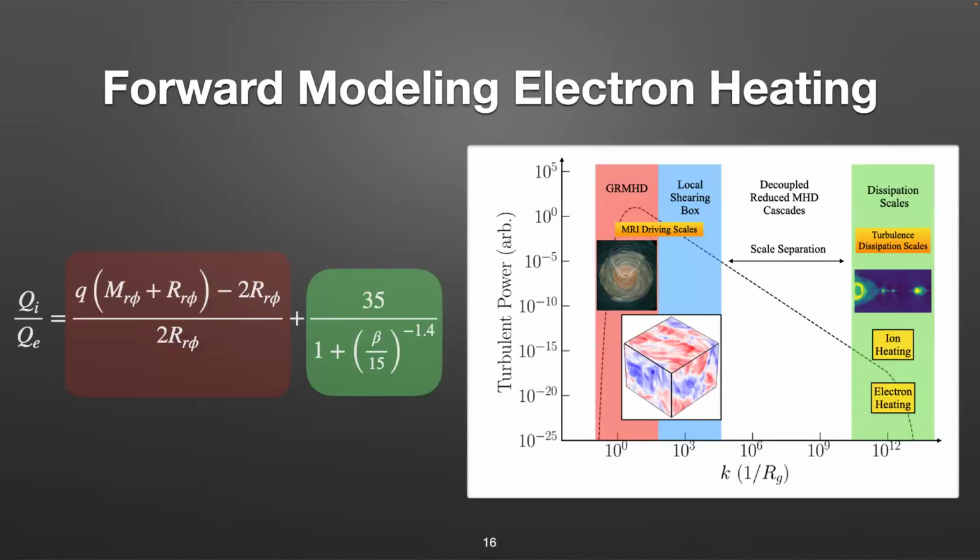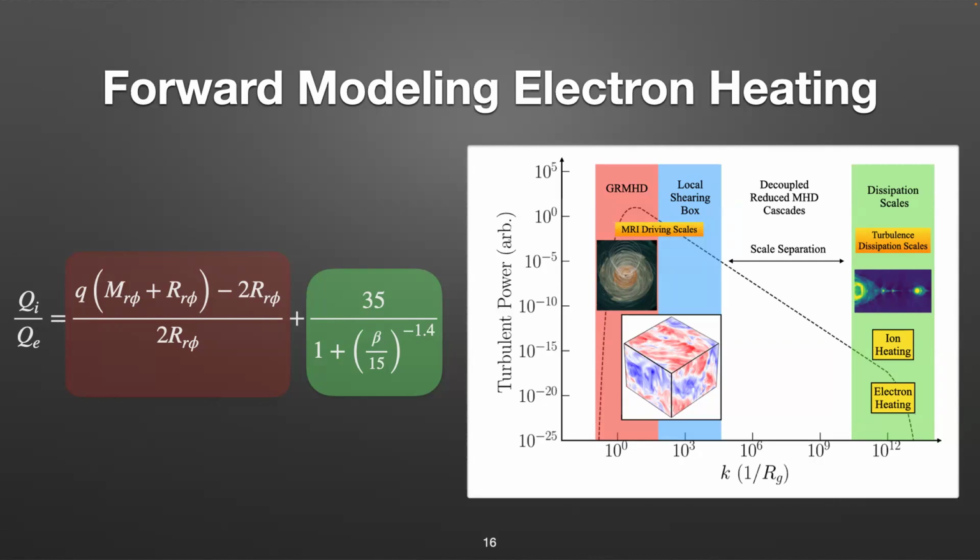So now we have an ion to electron heating ratio based upon the physics of the global scales at the left end of the spectrum, and the kinetic scale physics at the right end of the spectrum.